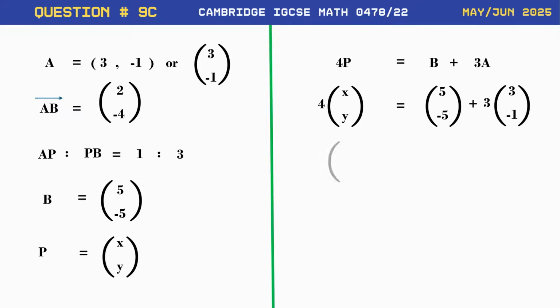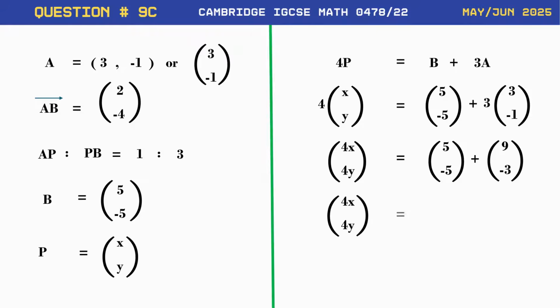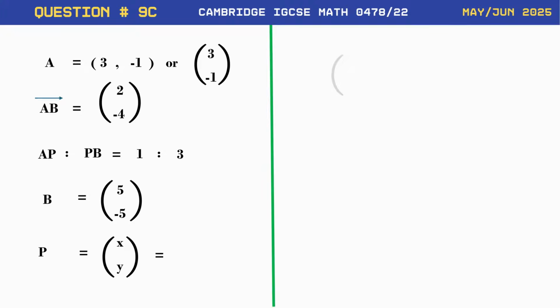Further simplified, the form will be (4x, 4y) equals (5, -5) plus (9, -3). Resolving it further will result in (4x, 4y) equals (5 plus 9, -5 minus 3). It will become (4x, 4y) equals (14, -8).